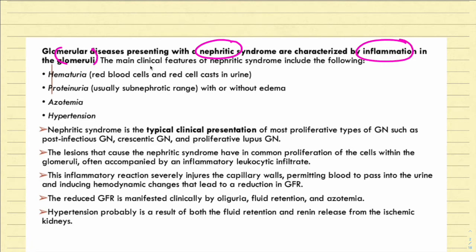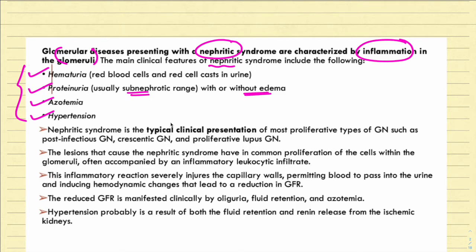The main clinical features of nephritic syndrome include hematuria, the presence of RBCs in the urine as well as red cell casts, proteinuria, usually in the subnephrotic range with or without edema, azotemia, as well as hypertension. These are the very important clinical features of a patient presenting with a nephritic syndrome.